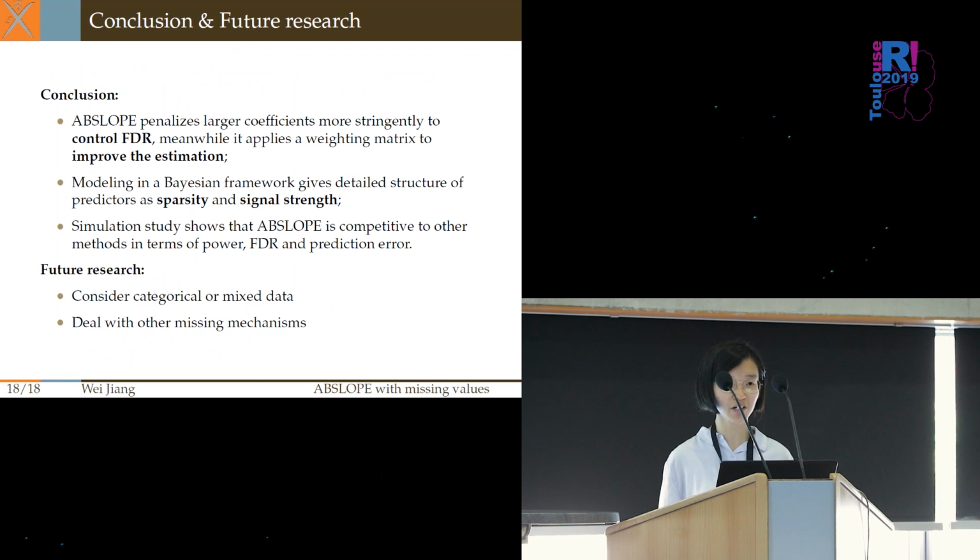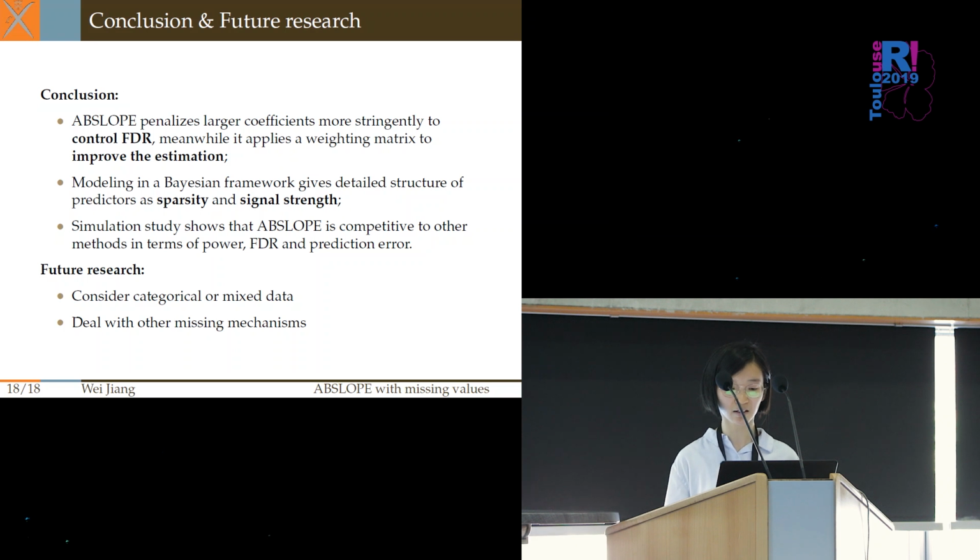Now in conclusion, we propose AB-SLOPE, which penalizes larger coefficients more stringently to control the false discovery rate. Meanwhile, it applies a weighting matrix to improve the estimation. And the modeling in a Bayesian framework can give us much more detailed structure about the predictors, such as the sparsity and also the signal strength.